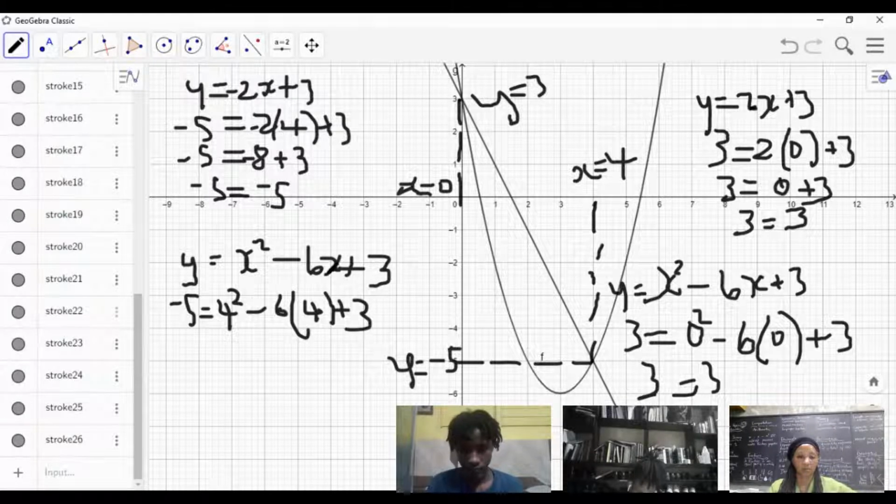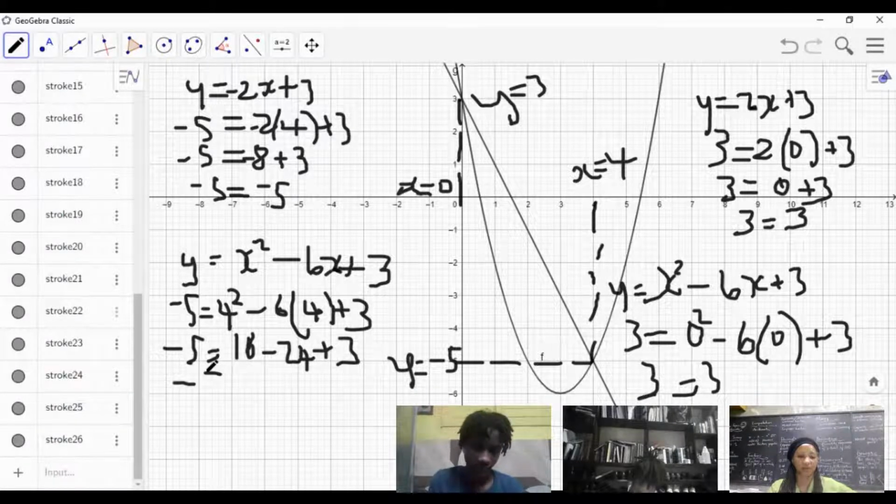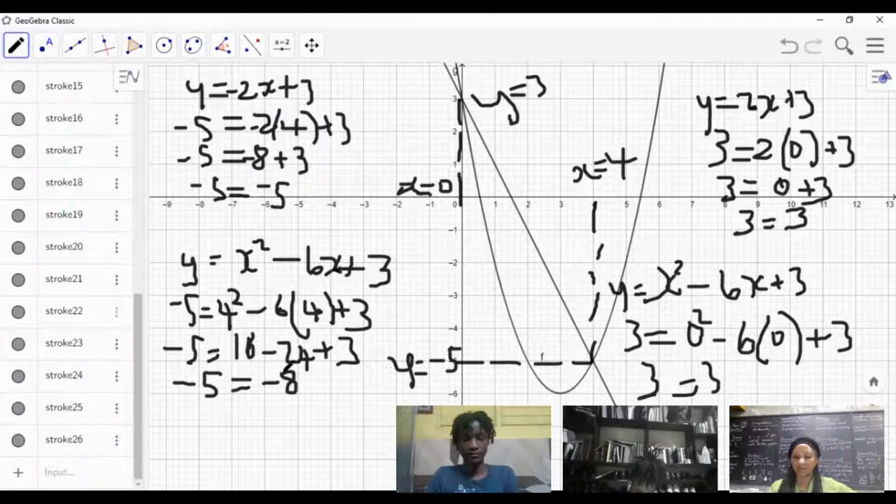Brackets first. Negative 5 is equal to 16 minus 24 plus 3. What's 16 minus 24? Negative 8. Yes, miss, negative 8 plus 3 is negative 5. So negative 5 is equal to negative 5. Okay, so this one checks out.